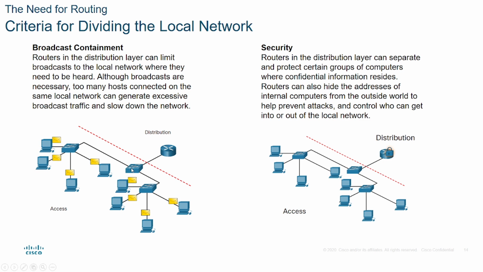So when a broadcast is sent, all these hosts here will receive the broadcast, and that can slow down the network. Depending on the media that you're using to transmit information, that would affect the speed at which messages are received.